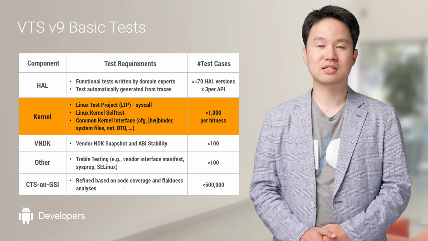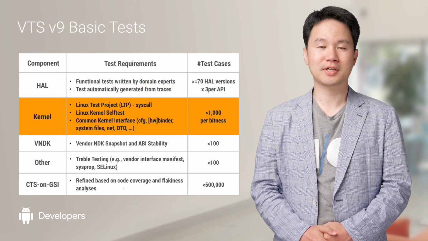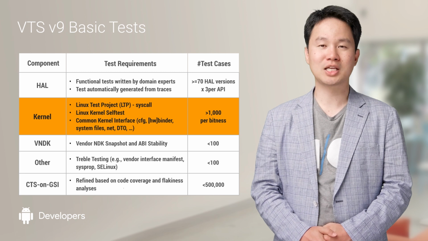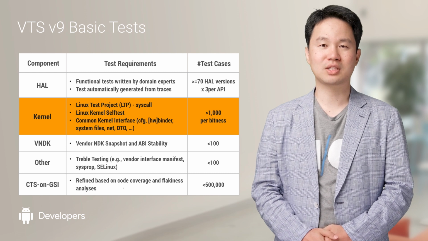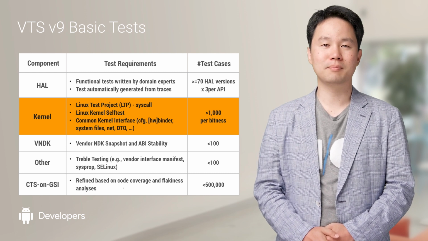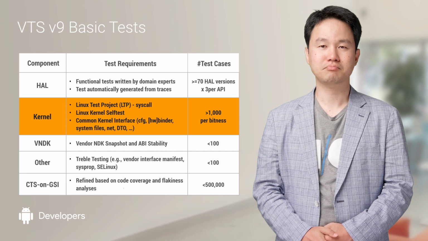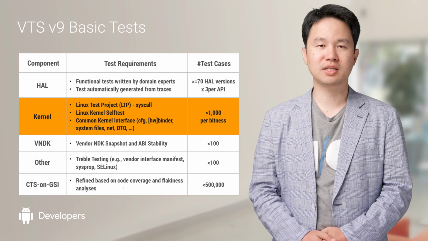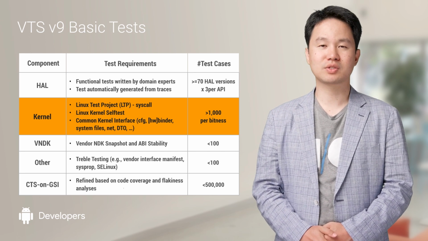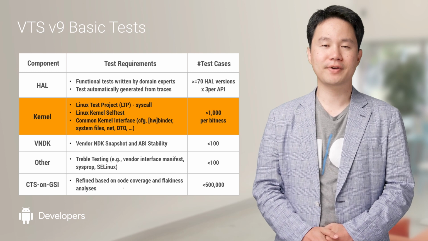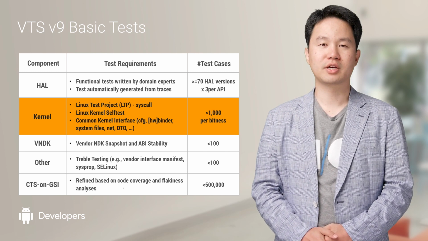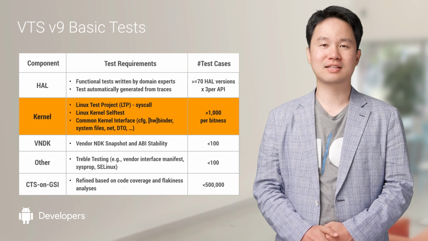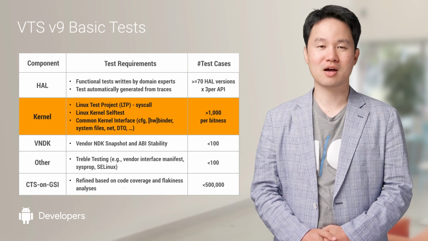The kernel tests include LTP, a de facto standard stress test of Linux, Linux kernel self-test, another widely used kernel test, and the Android common kernel test written by the treble kernel team. Google is taking the latest LTP and Linux kernel self-test code and fixing them for Android ecosystem. In total, there are more than 1,000 kernel test cases in VTS V9.